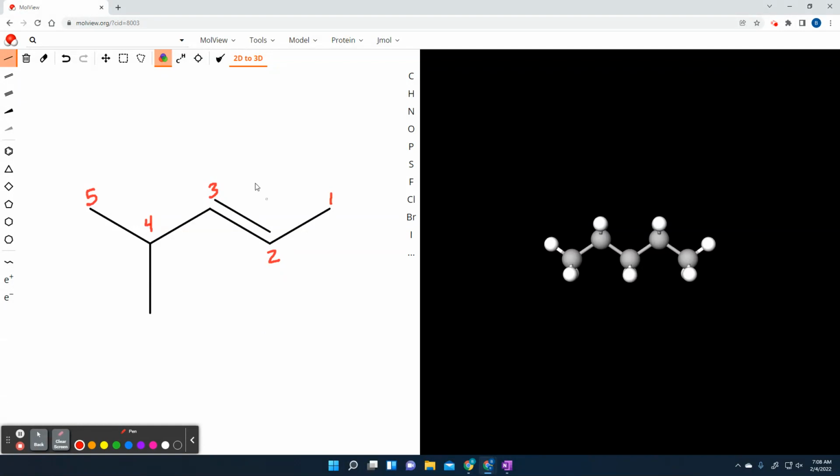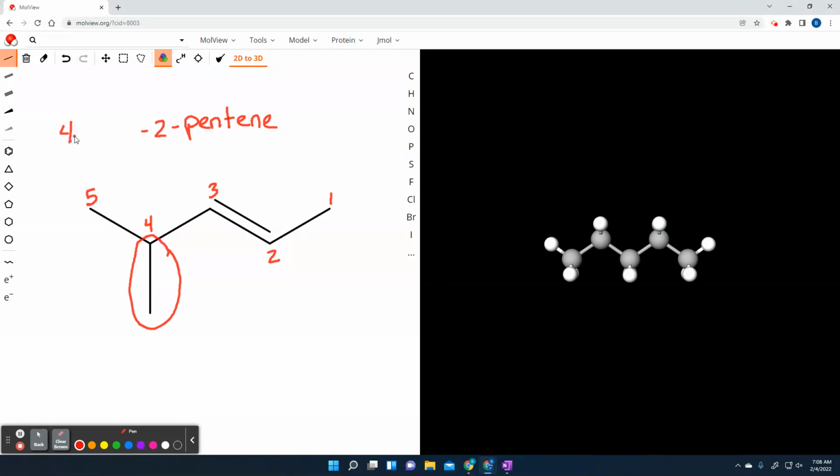And so in order to name this, I still have my pentene because it's 5 carbons long. That double bond is on carbon 2. And now we have this branch right here, a methyl branch off of carbon number 4. So we would add that to the front of the name.